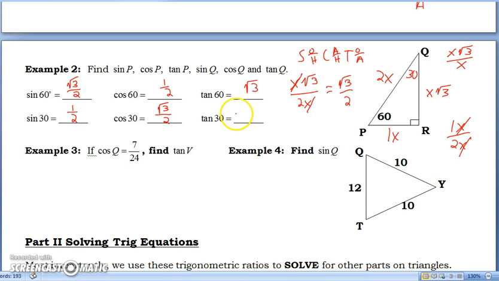And I know that the tangent of 30 is going to be the reciprocal of the tangent of 60. So that's going to be 1 over the square root of 3, and I have to rationalize that. We can't have a radical on the bottom, on the denominator. So it's root 3 over root 3. That's root 3 over 3.